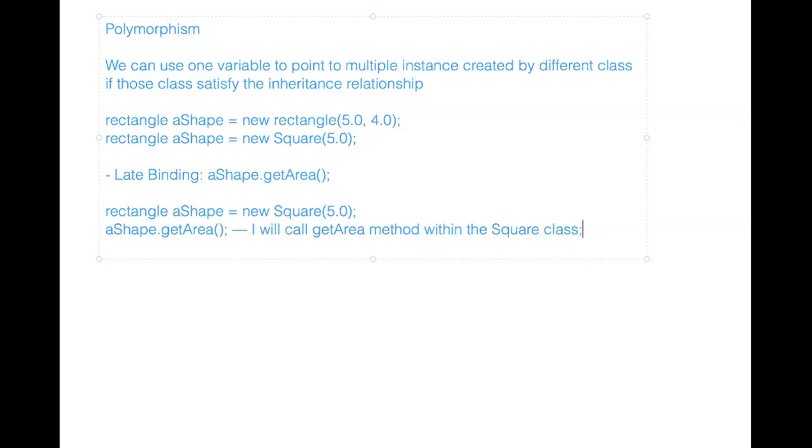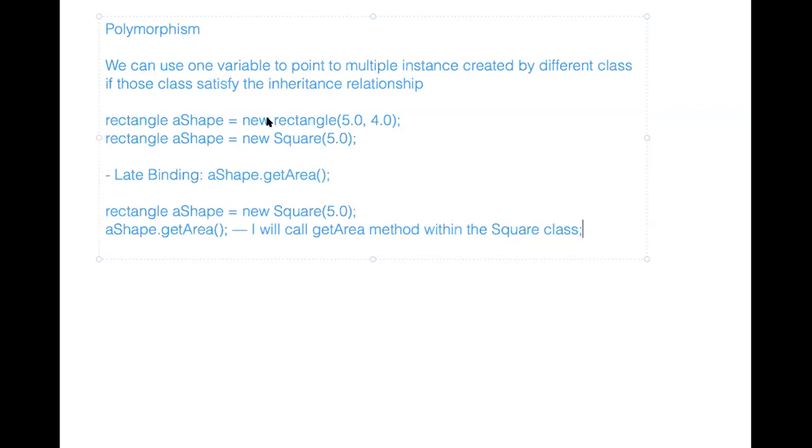This means when I compile your code, it will not check which exact method it will call. After you compile, when you run your code, it will see what the actual instance is. If the actual instance is a square, it will call the square version of this method, in this example getArea.